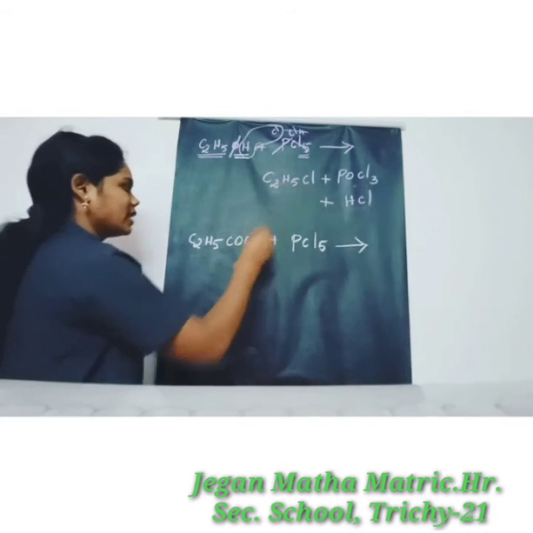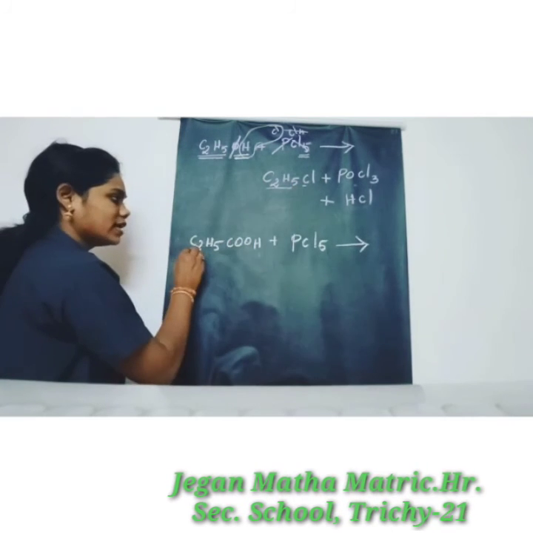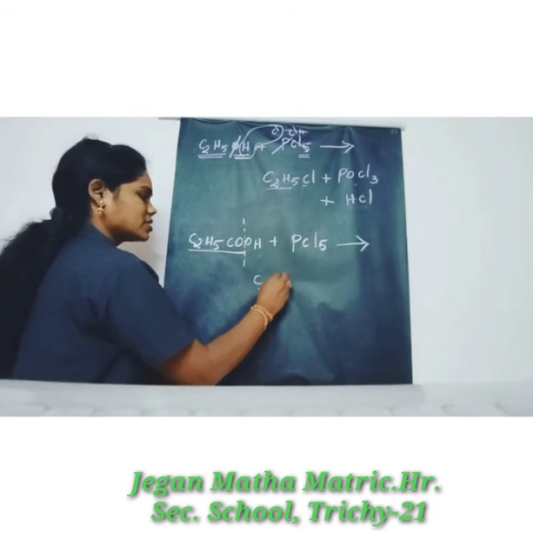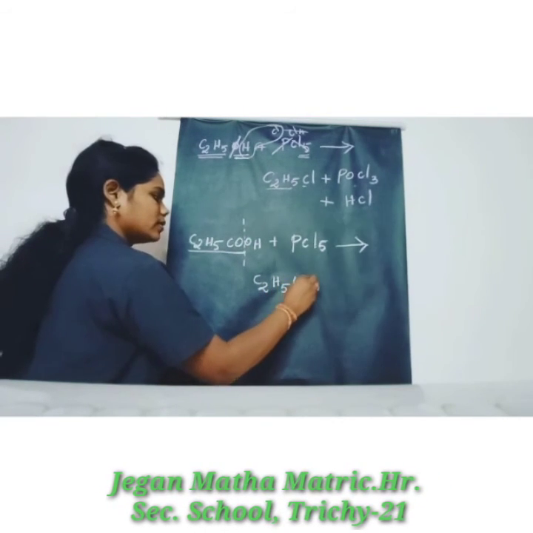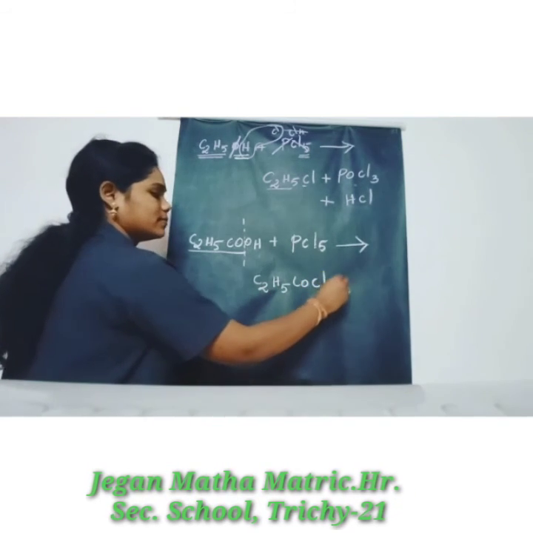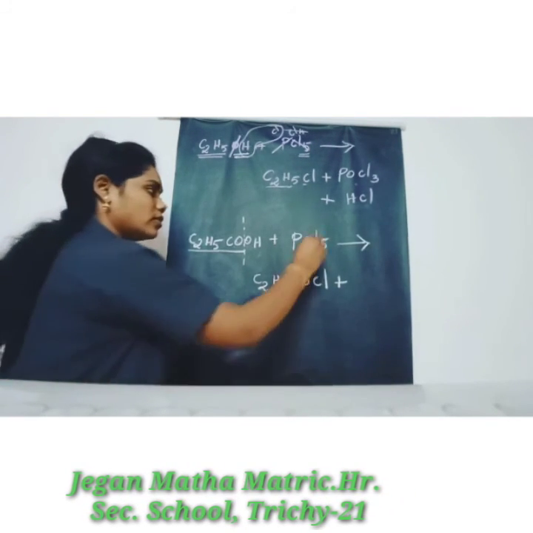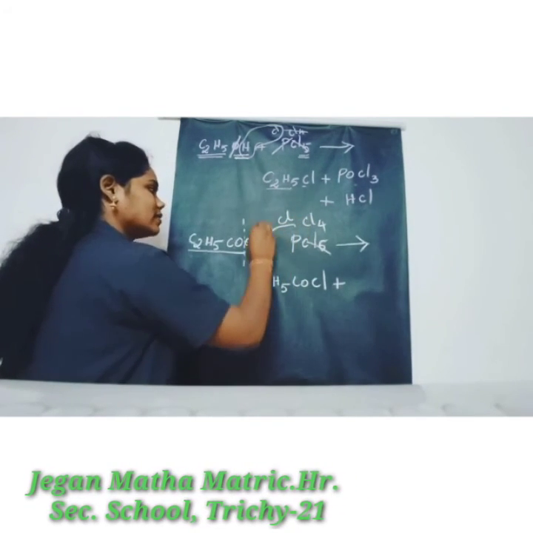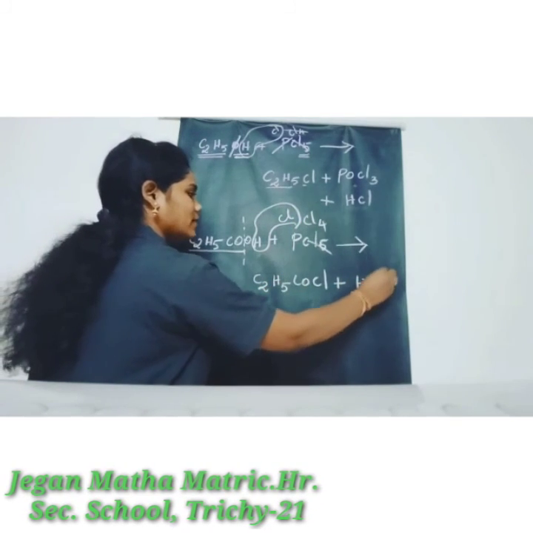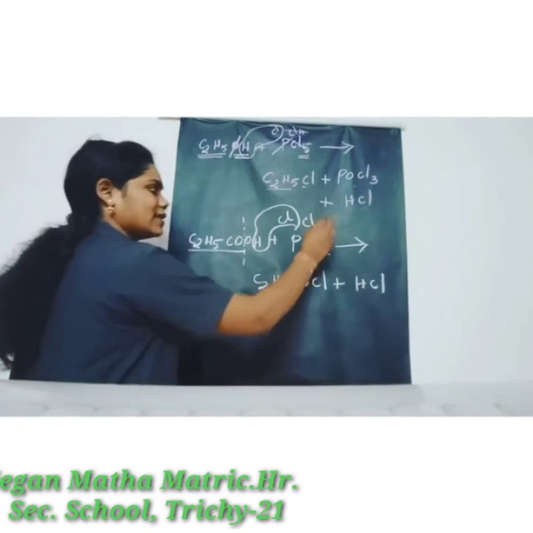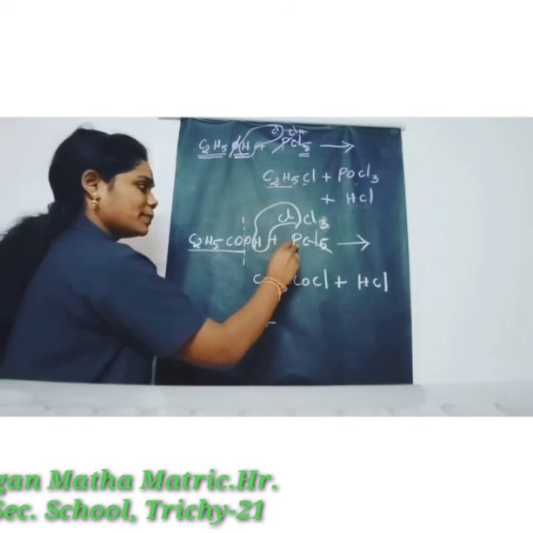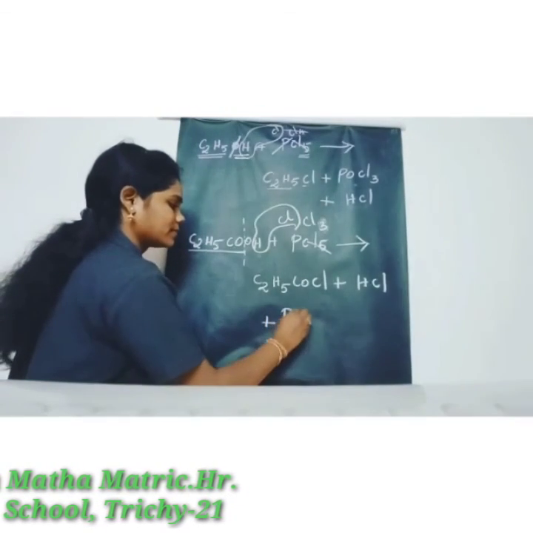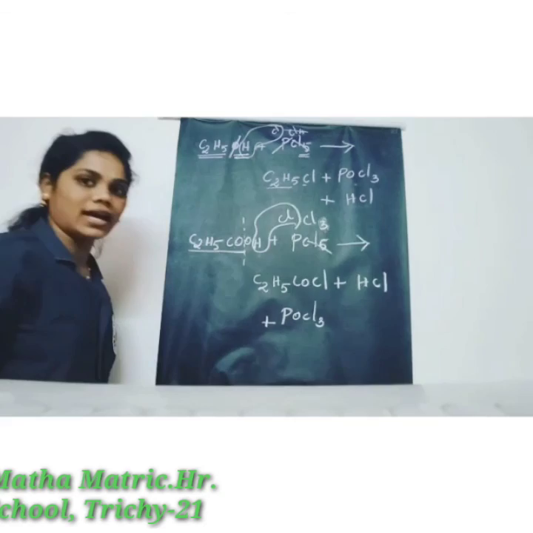It gives the same thing, here C2H5COCl, and here I take one Cl, so remaining Cl is 4 times. One Cl I give to hydrogen, so HCl is formed, plus the remaining 3 times, so plus POCl3, phosphoryl chloride is formed. That's all for chemical properties.